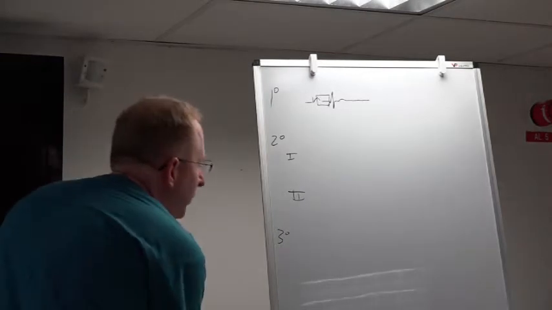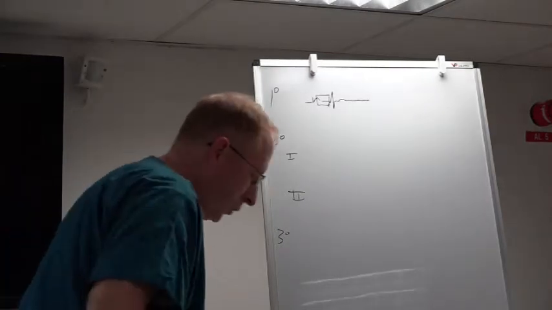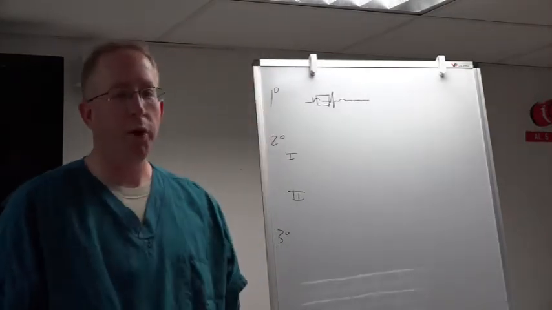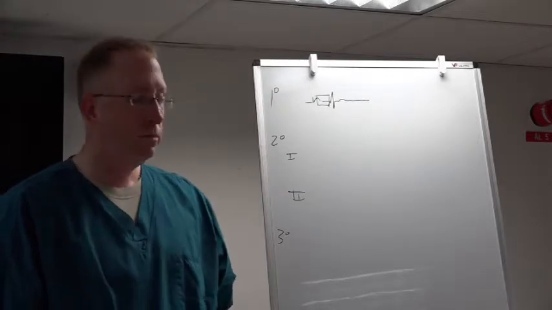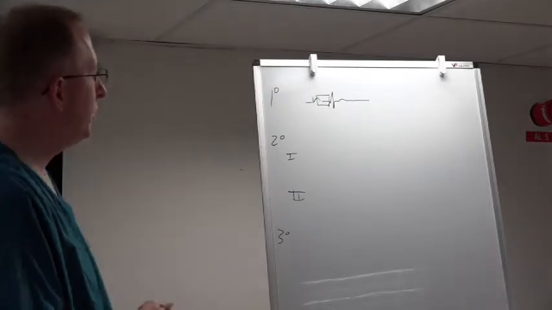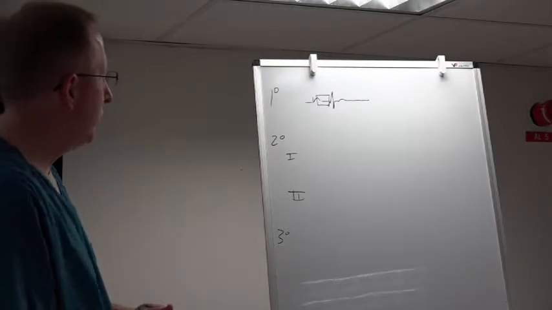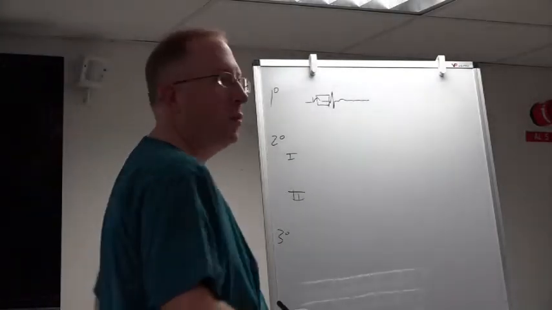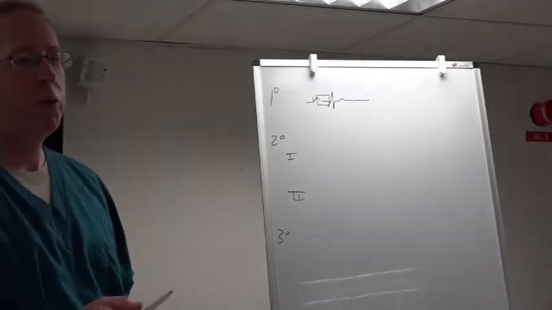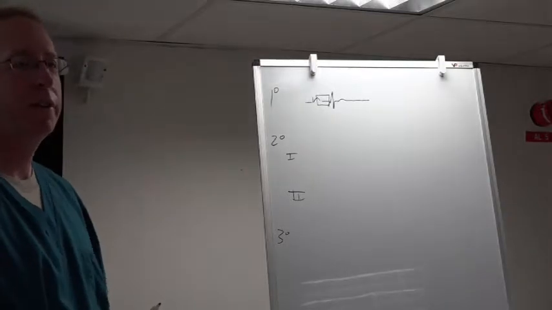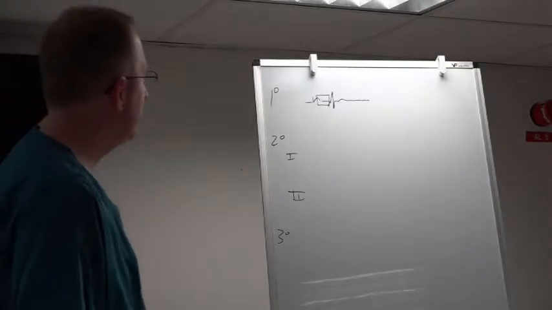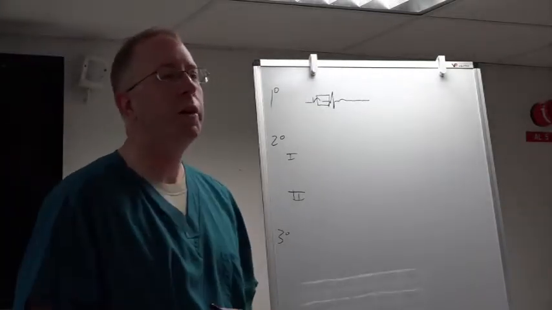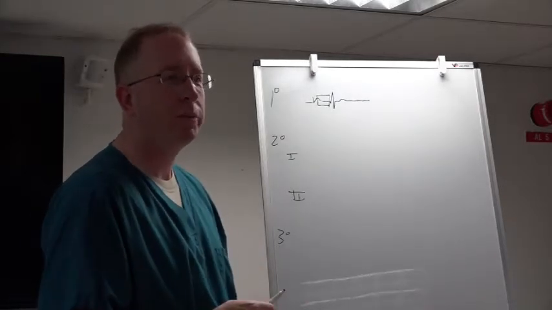Second degree type 1, second degree type 2. Old school people would talk about Mobitz, Wenckebach, and all that other stuff. For ACLS purposes, just know second degree type 1, second degree type 2. So I believe you were talking to me before about what a second degree type 1 looks like, correct? How would you describe a second degree type 1 heart block?